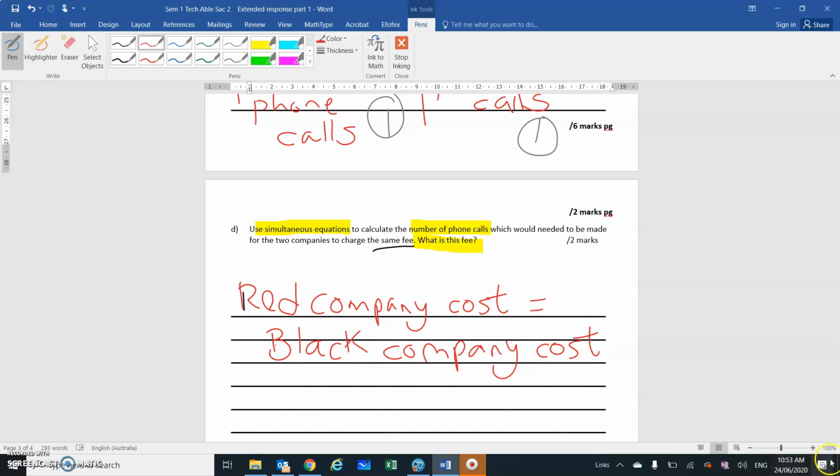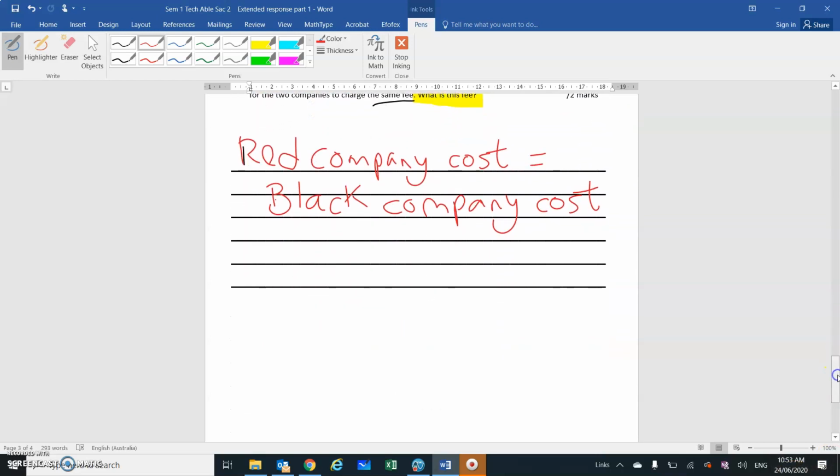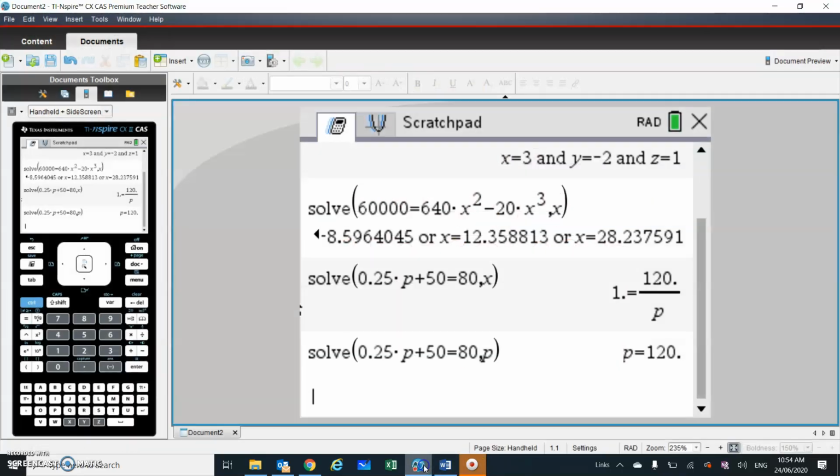How would we write that? We've got the red company, so 50 plus 0.25p will be equal to that of the black company, so 20 plus 0.30p. You can solve that by hand, but we have our CAS, so let's use our CAS.